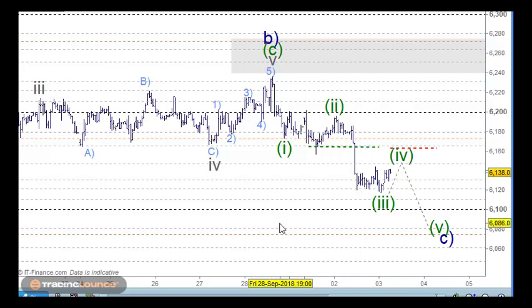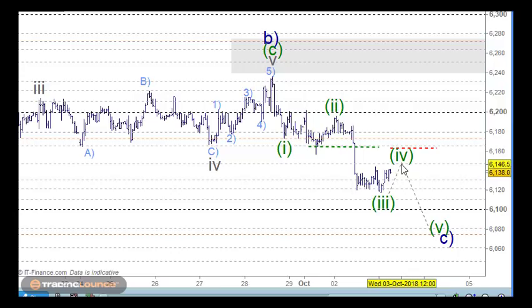And it appears that we've got 5 waves down from this little section here, and then we've got an A and a B and a C here for an A wave, and then this down here appears to be in 3 waves, so I look at that as a B wave, and this seems to be in 5 waves here. So that's why I've got it as an A and a B and a C wave here. And then we've got 1 and 2 and 3 and 4 and 5 for the 3rd wave.